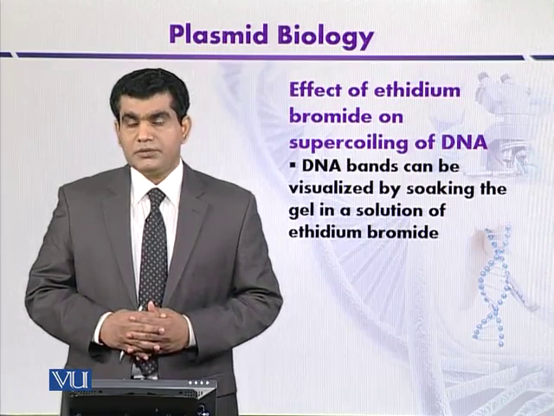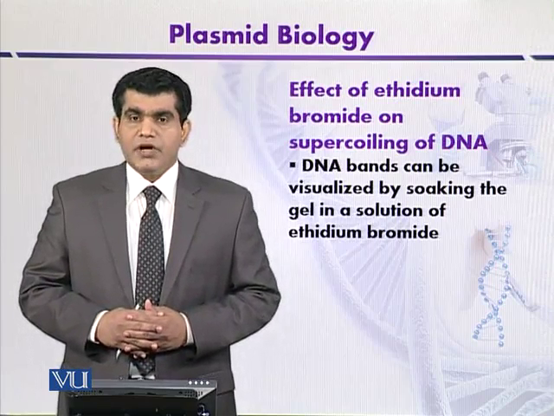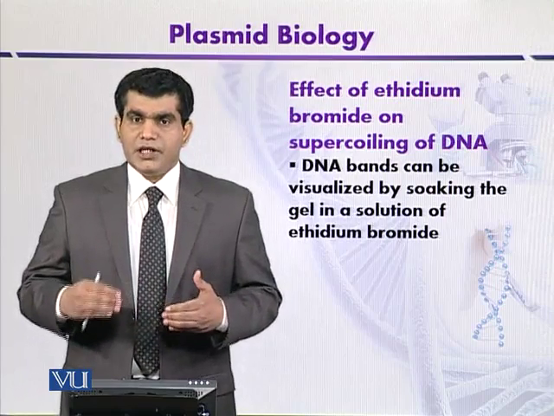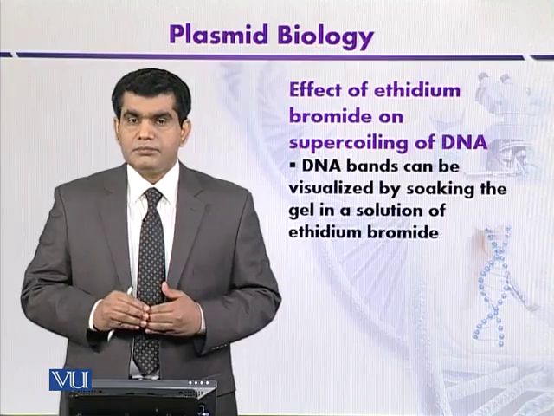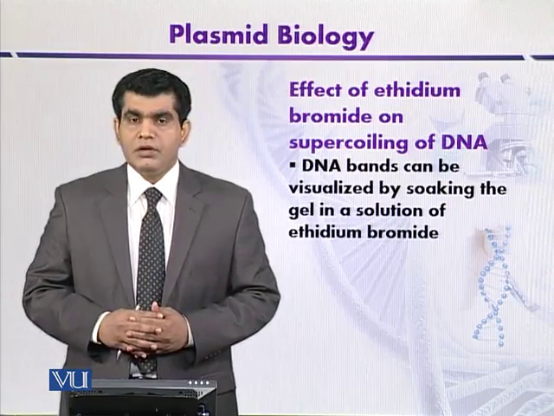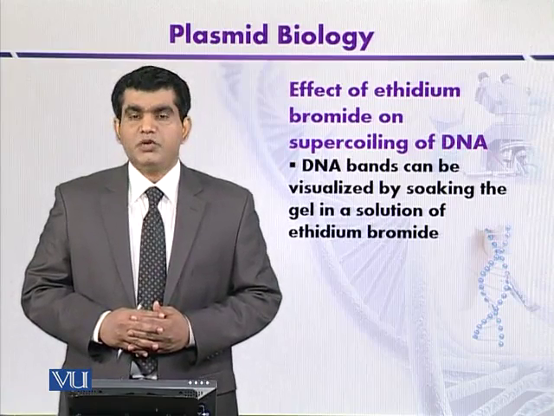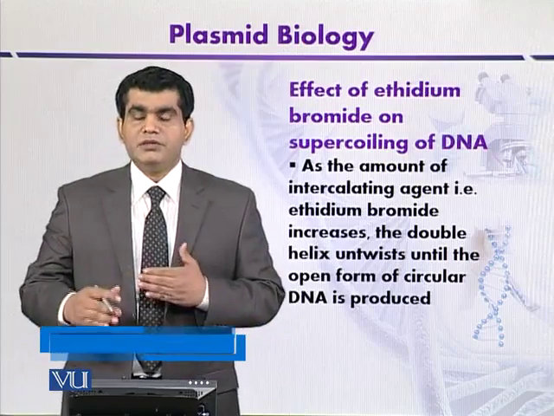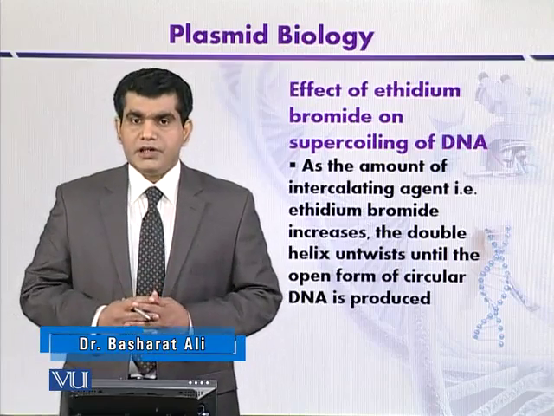ethidium bromide. When it is exposed under UV light, the bands of DNA that are separated can be visualized as orange color. This ethidium bromide can intercalate between the base pairs of the DNA.